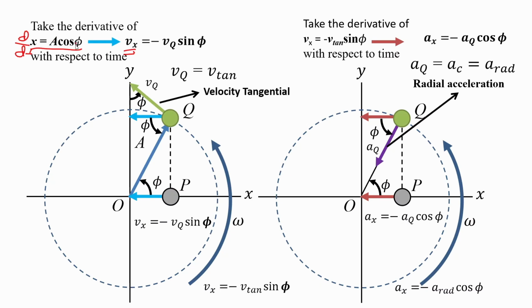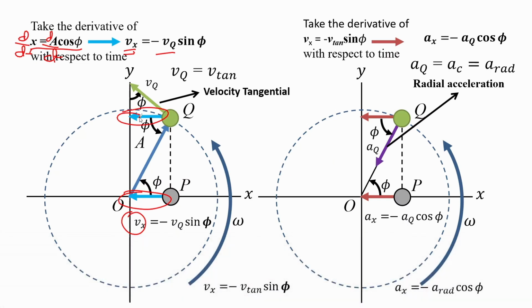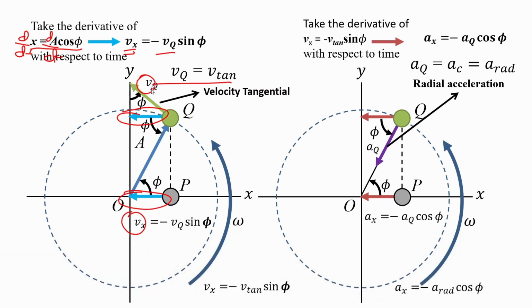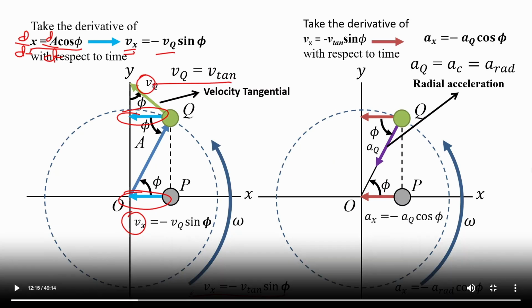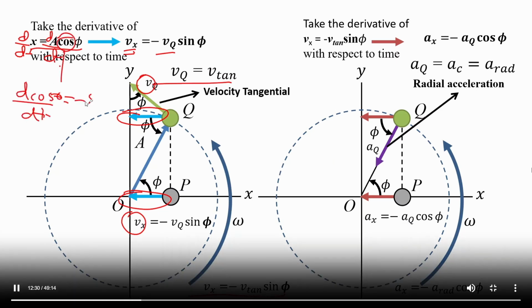Since the cosine phi changes, this becomes negative vq, so vx is equal to negative vq sine phi. But vq is the tangential velocity, so vx is equal to negative v tangential sine phi. It is negative because the derivative of a cosine is a negative sine.